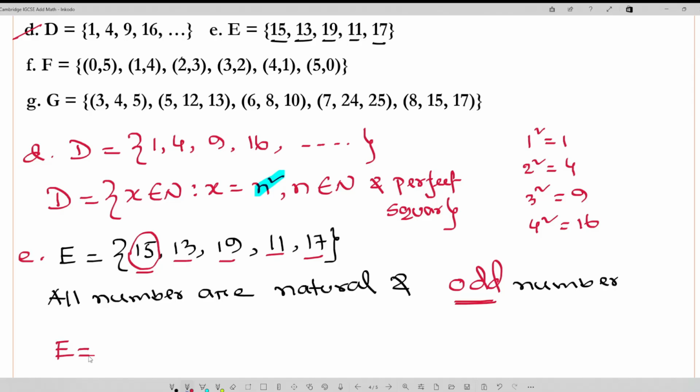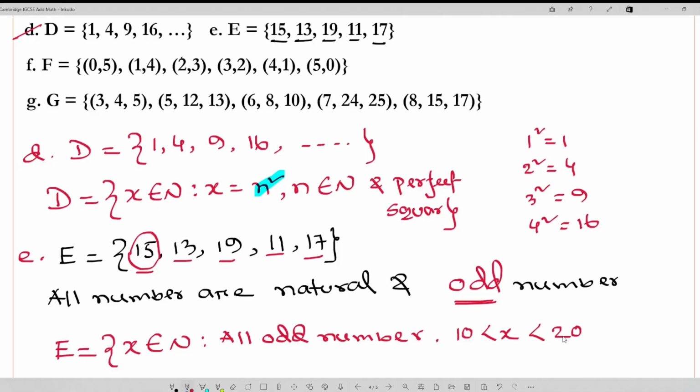E is a set, x is an element of n, all prime number, no, all odd number, sorry, all odd number and less than 20 and greater than 10.